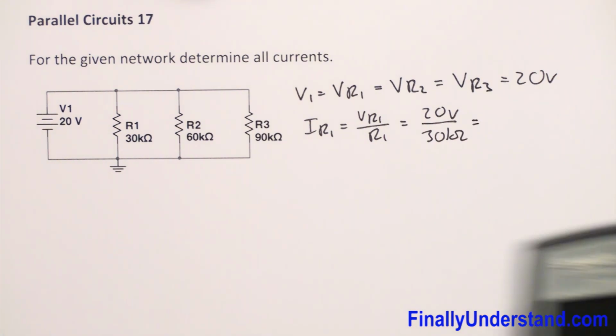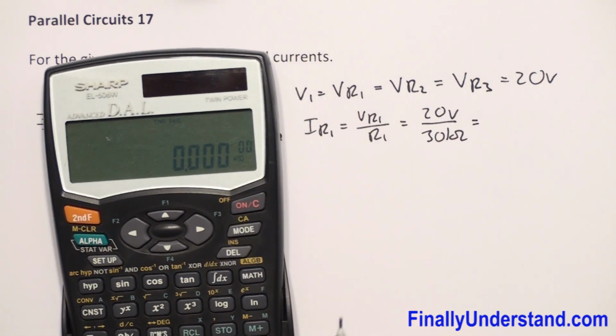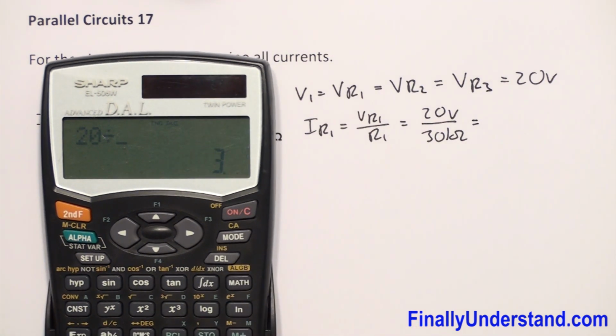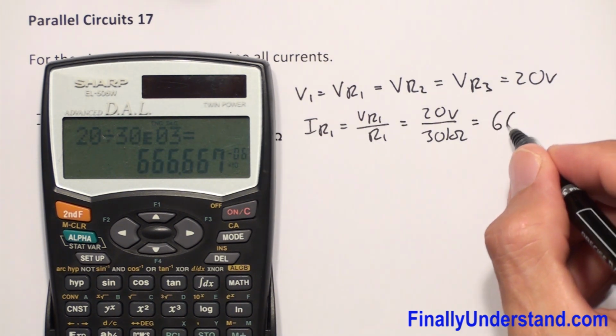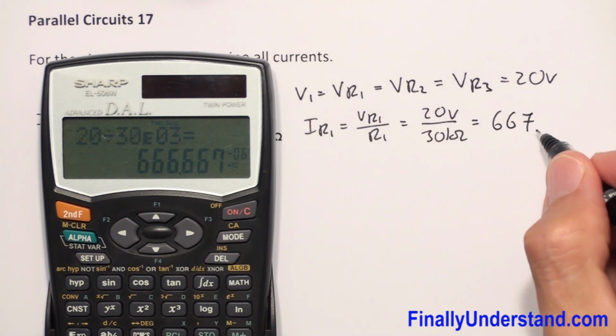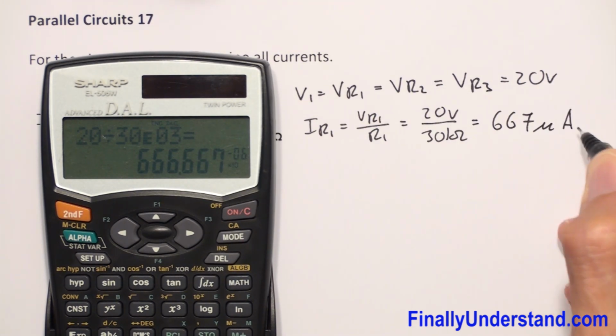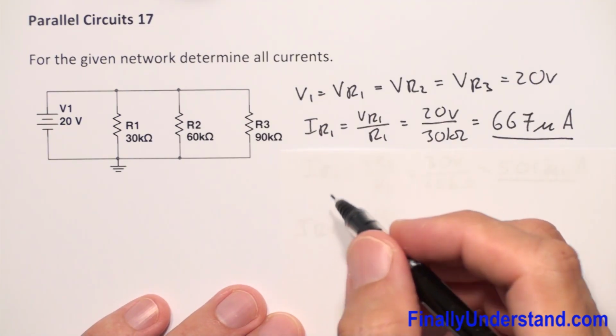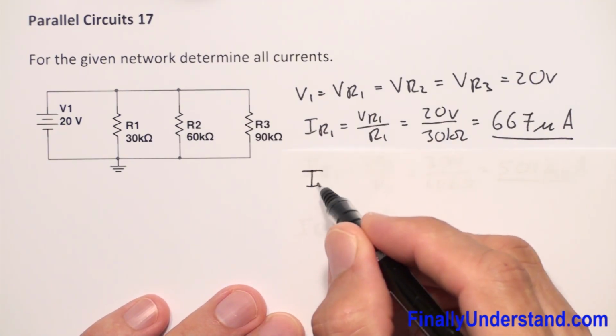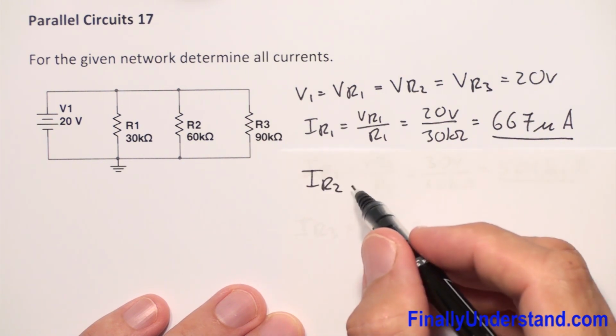So we have 20 divided by 30 exponent 3. This is equal to 667 microamps. Next we're supposed to find the current IR2.